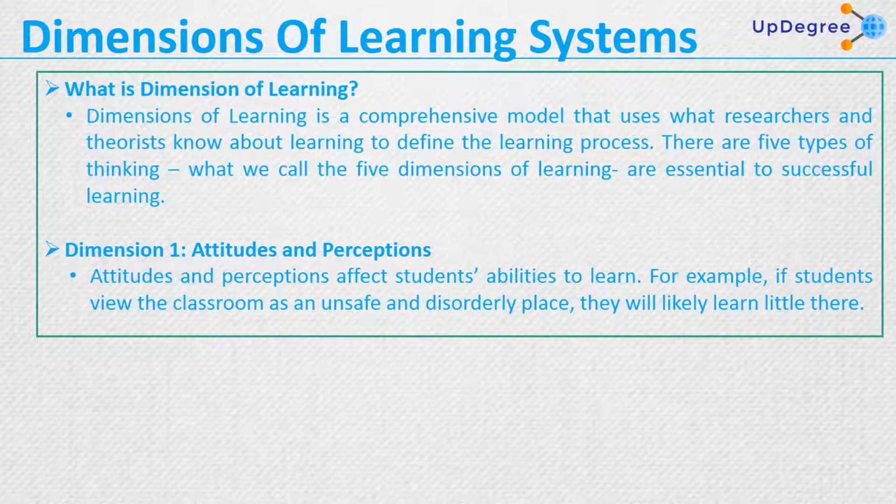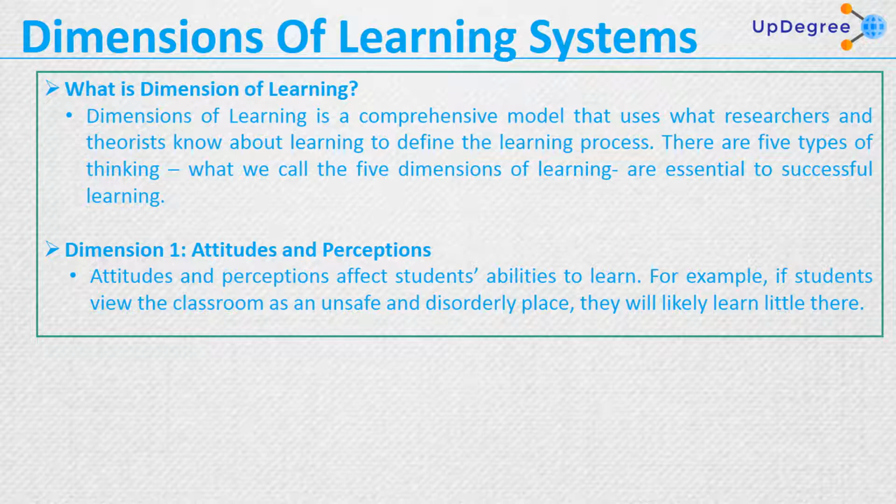Next, the dimensions of learning model assumes that five aspects of learning should be considered when making decisions about curriculum, instruction, and assessment. One by one we shall discuss them. Dimension 1, positive attitudes and perceptions about learning.